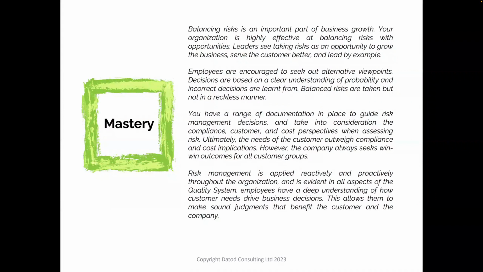A company at this level is applying it proactively and reactively throughout the organisation. It's evident in all aspects of the quality system, and individuals throughout the organisation have a deep understanding of their ability to manage risk and how that cascades down through its impact on the customers. Risk management is embedded throughout the organisation.